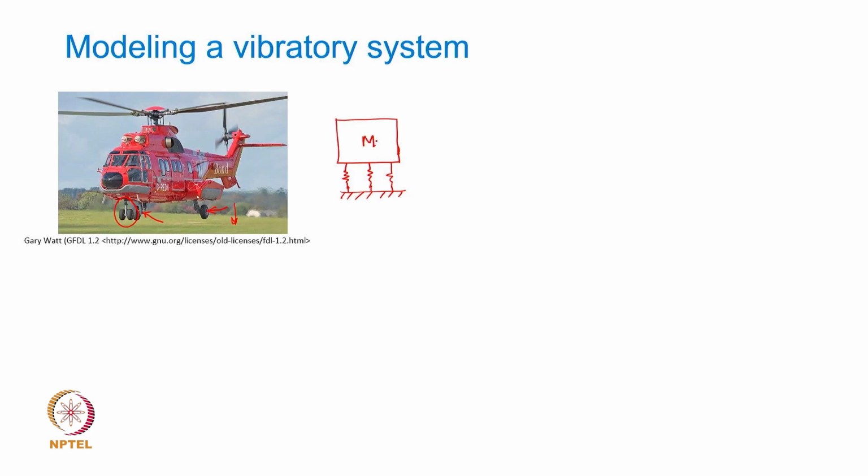So, if I consider the entire helicopter mass as mass m here, and the springs at different locations, let us say this is K1 and this is K2, and maybe the 2 back landing gears, if they are assumed to have the same stiffness, maybe K2. This entire mass will then get supported by these 3 springs. Now, these 3 springs are obviously going to be in parallel.